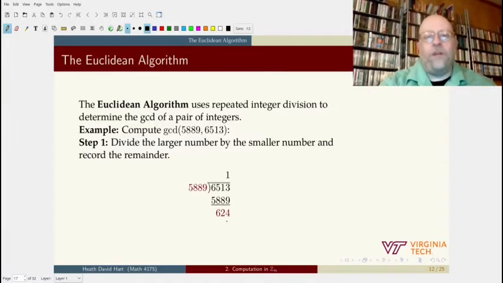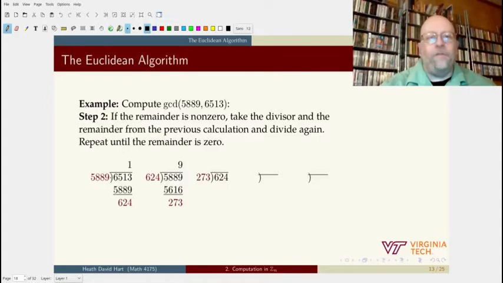And then in the next step, this number moves to the inside, this number moves up. So I'm going to divide 624 into 5889. That goes 9 times. I take away 5,616. That leaves a remainder of 273. Then this number goes to the right. This number comes up. And I divide 273 into 624.